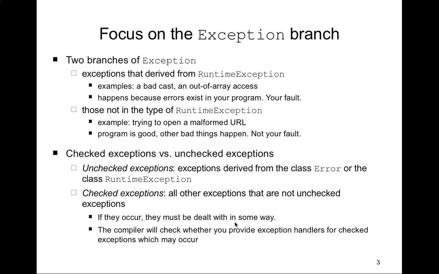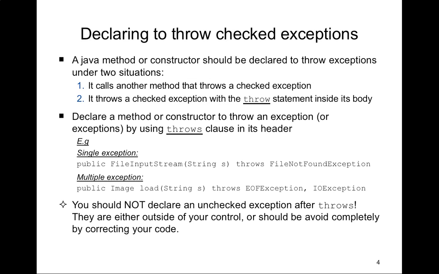A compiler will check whether you provided exception handlers for checked exceptions which may occur. So basically the unchecked exceptions are the ones in which an exception occurs, but you don't have a handler built for it. It's unchecked by the program. So it's the runtime environment that has to deal with it. The runtime environment is going to come back and say, was there anything there?